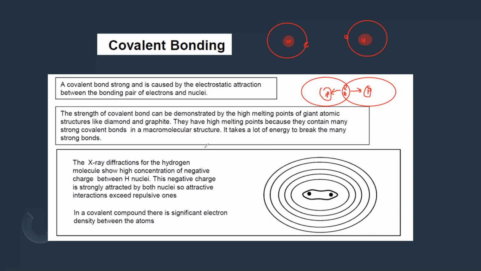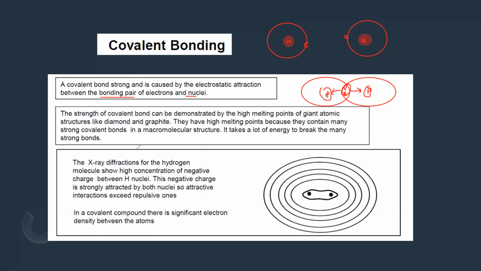So the bond which is formed by a sharing of electrons. The covalent bond is also a strong bond, and it is by electrostatic attraction between the bond pairs and the nuclei. The nucleus is attracting the bond pair, or the shared pair. This attraction is known as a covalent bond.